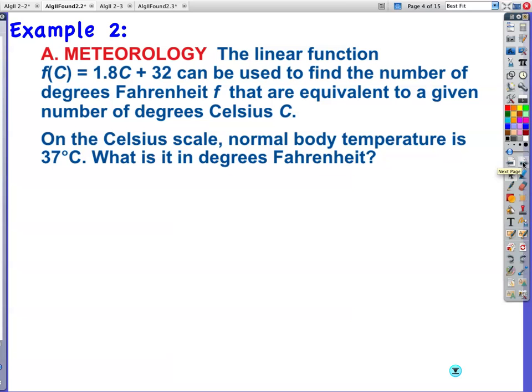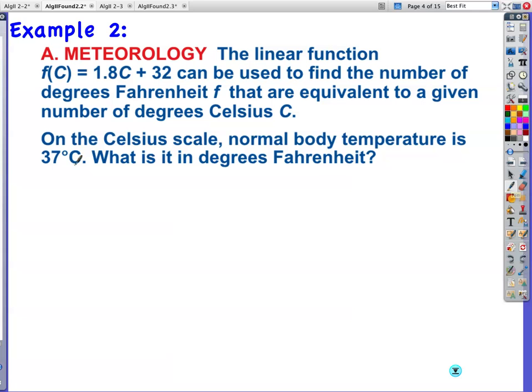Example 2, the linear function f of c, yep, that's how you say that, f of c is equal to 1.8c plus 32, can be used to find the number of degrees Fahrenheit f that are equivalent to a given number of degrees Celsius c. On the Celsius scale, normal body temperature is 37 degrees Celsius. What is that in degrees Fahrenheit?